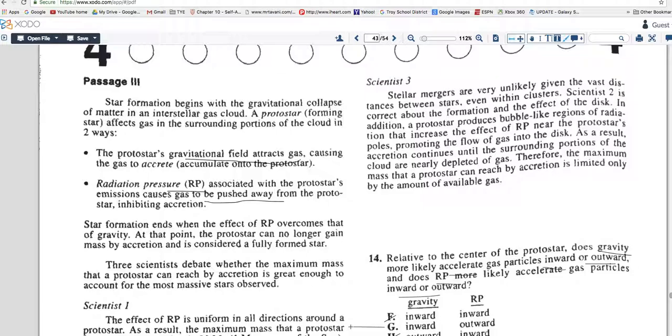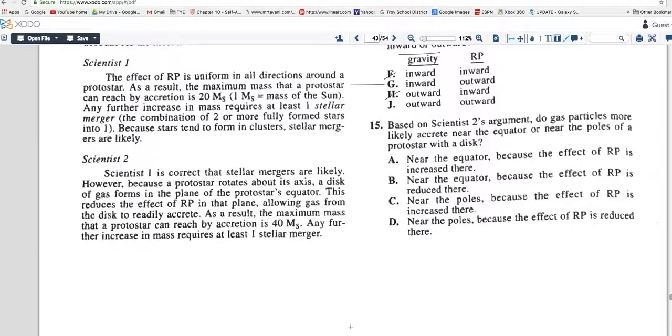I underlined scientist 2's argument, and gas particles more likely accumulate near the equator. You look at scientist 2's argument, and it says a disk of gas forms in the plane of the protostar's equator.